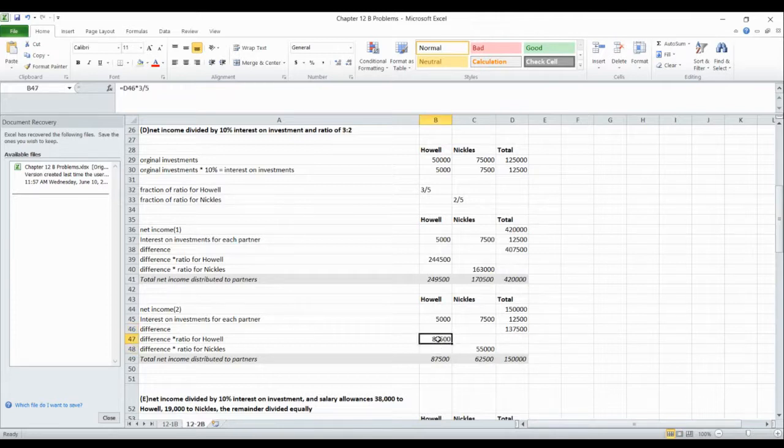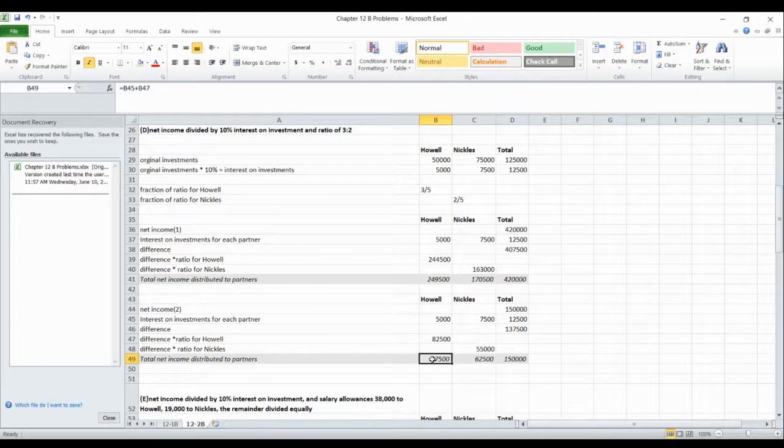So 3/5 of 137,500 will give you 82,500 for Hal. 2/5 of 137,500 will give you the difference, which would be split to Nichols, 55,000.